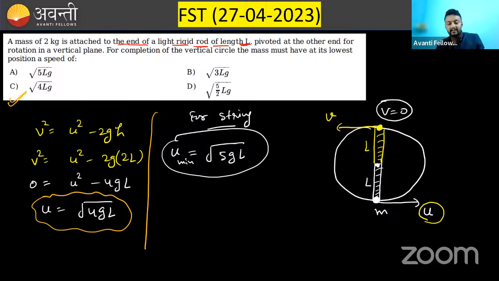So don't get confused by these things. But you should remember that u should be root of 5gl in case of string. Clear? Moving further.